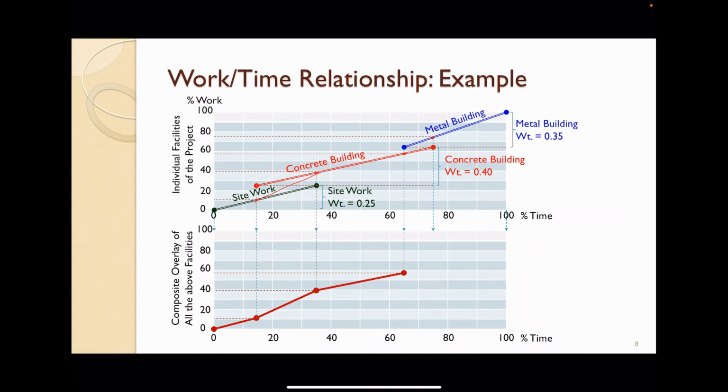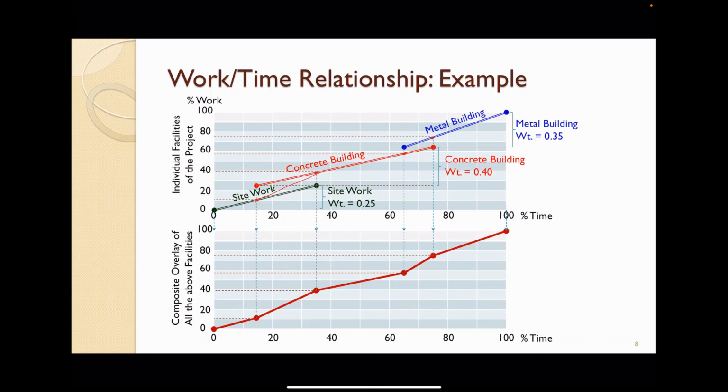Then we can draw the line between those two points, and so determine the work time relationship curve for that time period, 65% to 75%. And finally, for the percent time between 75% to 100%, it is only metal building, so the curve should be parallel to the metal building. So that is the work time relationship curve.